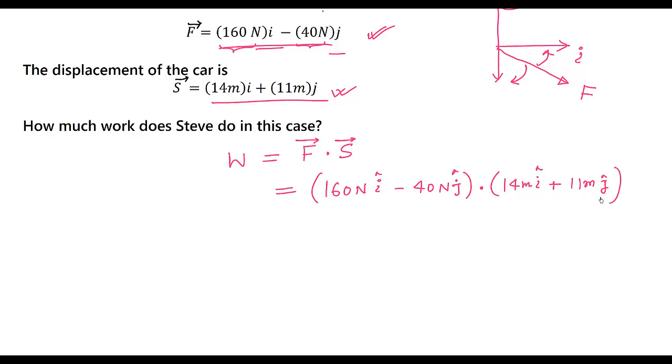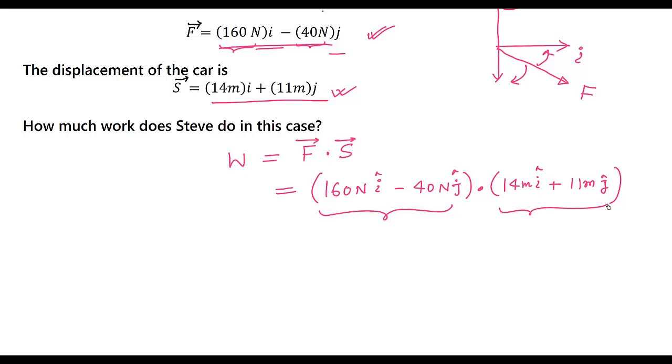So sometimes they write only j, or you can also write j cap. Both mean the same thing, that is unit vector in the y direction if I am writing j cap. Now I have to take the dot product. So I have one quantity here, another quantity here, and then I have to take the dot product.